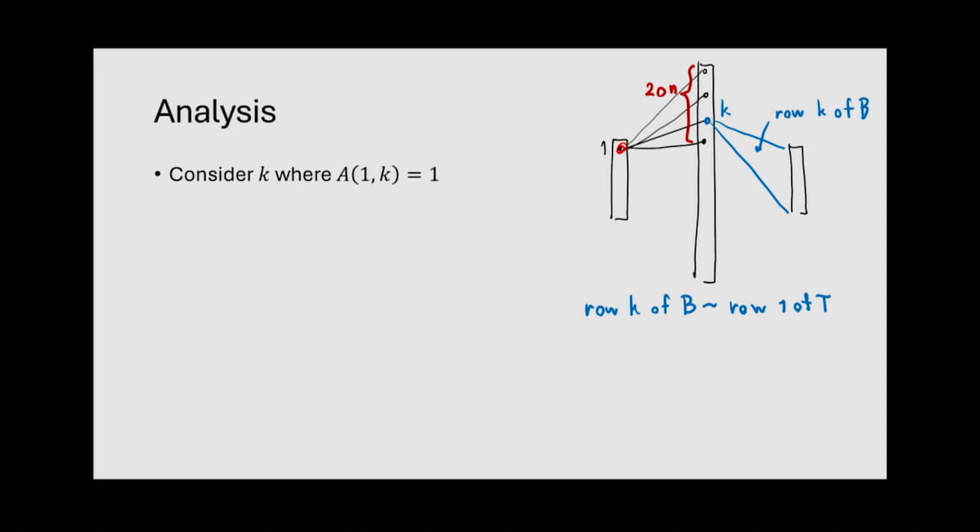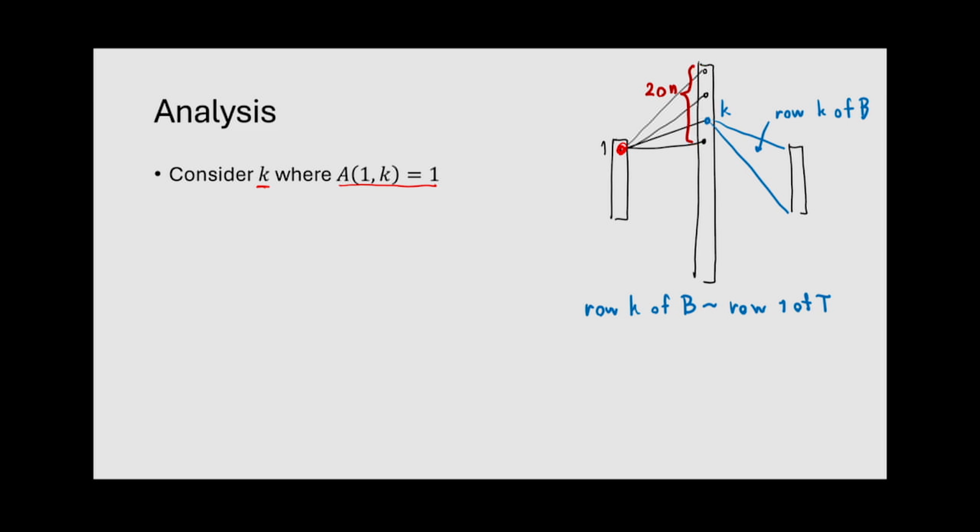All right. Let's consider all the Ks that are neighbors of this node 1, which is this guy, 20n of them.